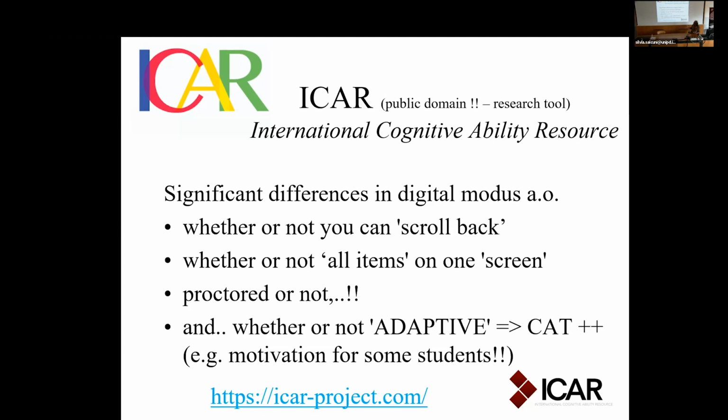And adaptive is where you only give 5 items instead of 25, and that's maybe the future. But the ICAR, which measures cognition for researchers, is a public domain instrument.